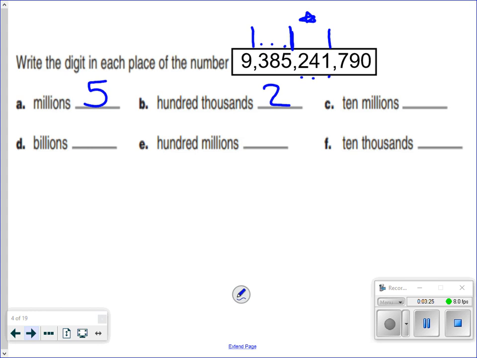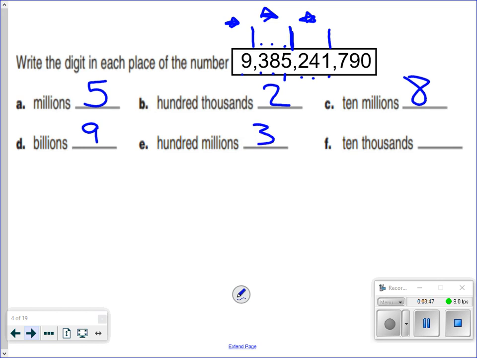Millions, 10 millions. We need to find the 10 millions. Well, I'm in my million zone right here. 1 million, 10 million is an 8. Billions, we're all the way out here, which is a 9. 100 millions, that is our 3.